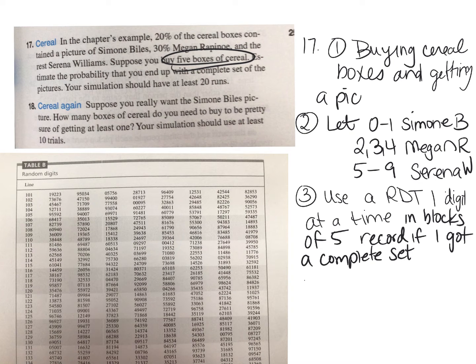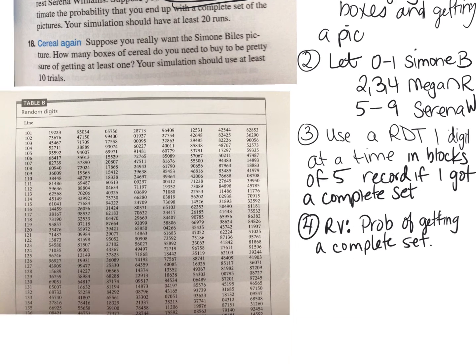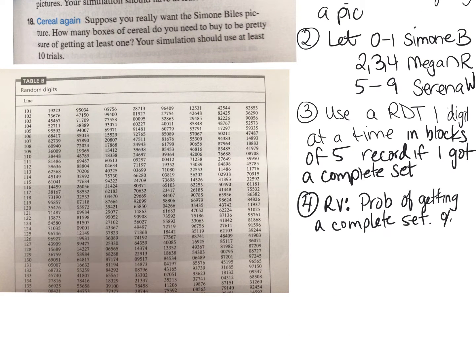So my response variable, RV, is the probability of getting a complete set. That's going to be the percent of time I get one of each. So I'm going to look at a percent. It's not an average, right? What proportion? So I'm just going to record in the end for my trial: yes, I got a complete set, or no, I did not get a complete set.